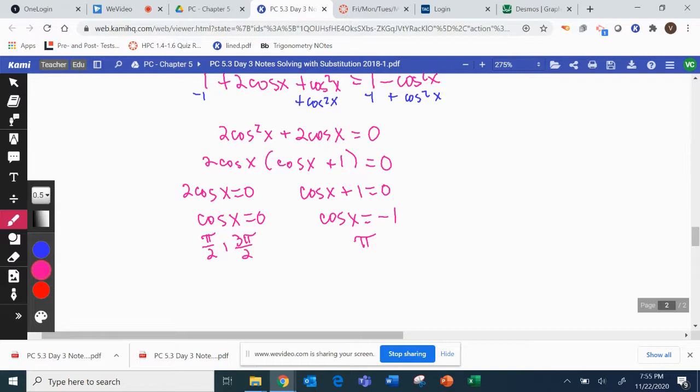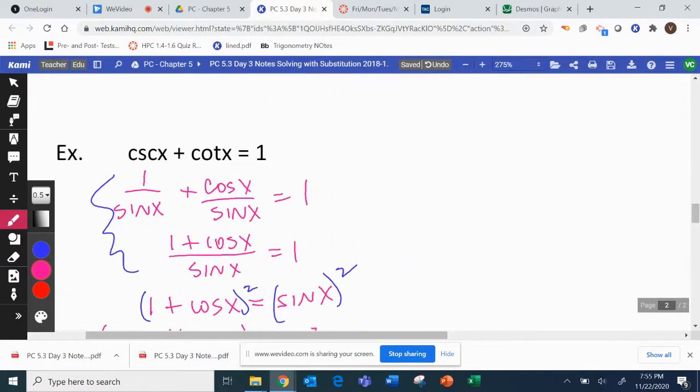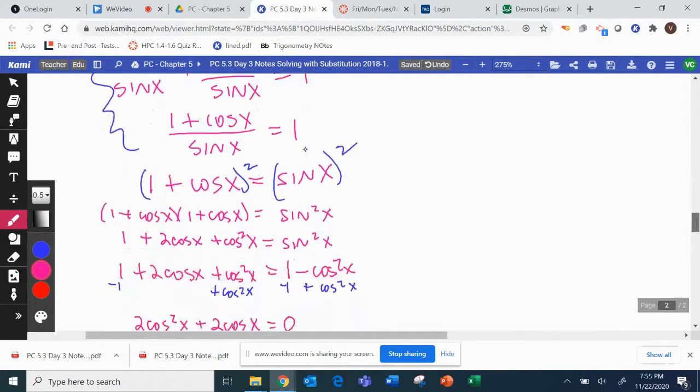But because we squared both sides, there will be extraneous solutions. This is what I was going over on that little warm-up.